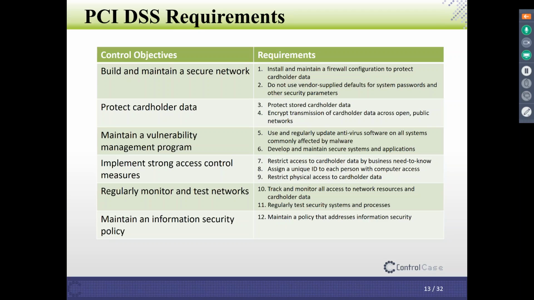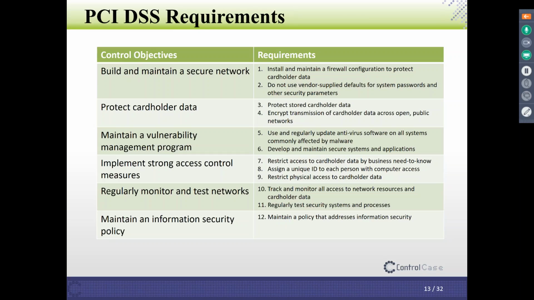Number 2 is protecting cardholder data, whether it's in storage or transmission, by ensuring it's encrypted. Next is having a vulnerability management program, which includes antivirus and ensuring that the applications don't have vulnerabilities like OWASP issues, SQL injection and cross-site scripting and so forth. Next is implementing a strong access control, whether it's at the logical or the physical access control layer.